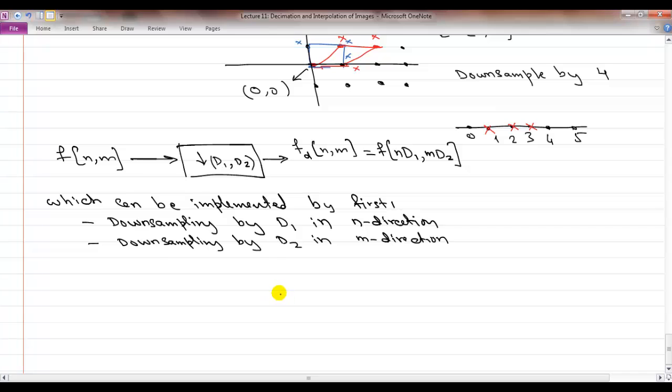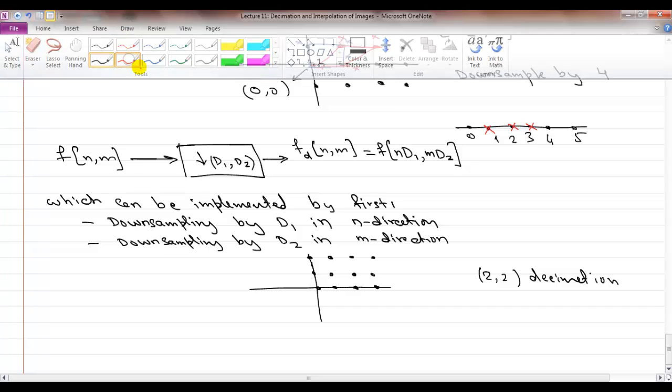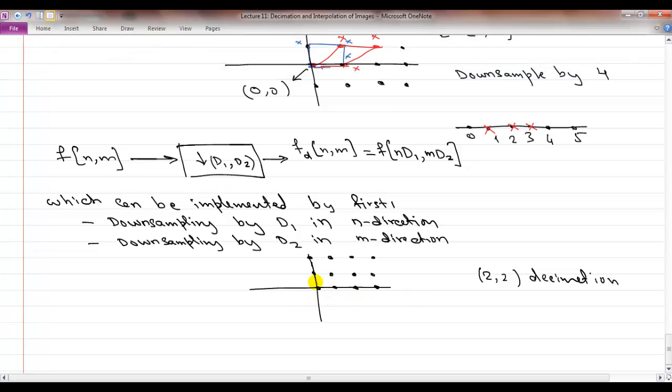So what this means is if we had a sequence, let's say 1, 2, 3, 4, and let's say we are interested in doing 2,2 downsampling or decimation. First you go in the x direction for every sequence and you throw away every second sample.